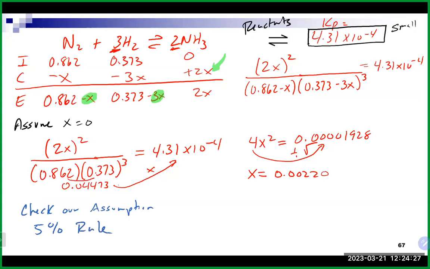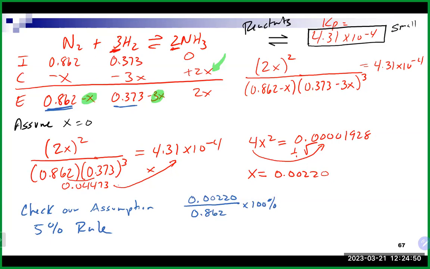So the 5% rule is pretty simple. You take the X value that you just got, so we will take our 0.00220 and we divide it by whatever we were going to subtract it from. So in this case, basically the initial concentrations. So we're going to take 0.862 times it by 100%.